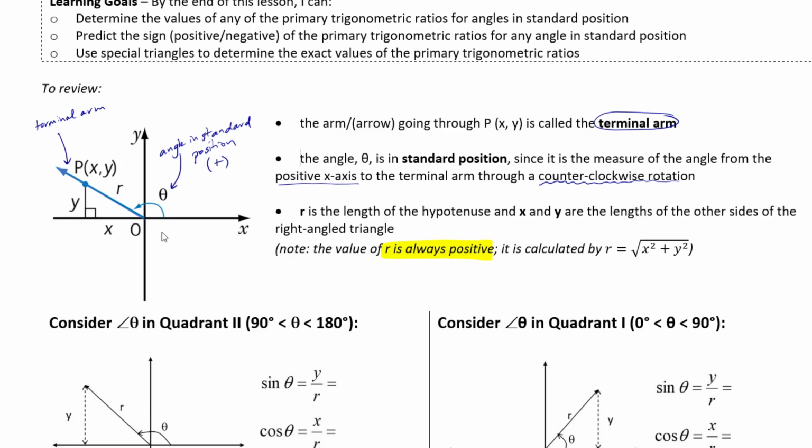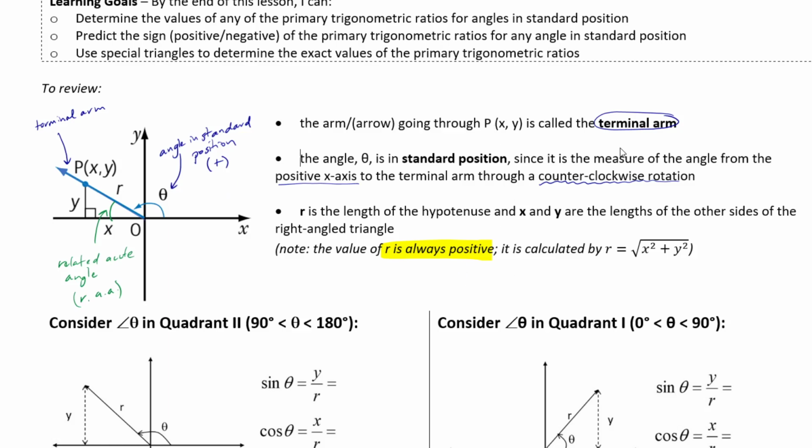So if theta is the angle in standard position, then the acute angle that the terminal arm makes with the x-axis is called the related acute angle, or RAA for short. And the related acute angle is the angle that it forms with the terminal arm and the x-axis to produce this right-angled triangle here.